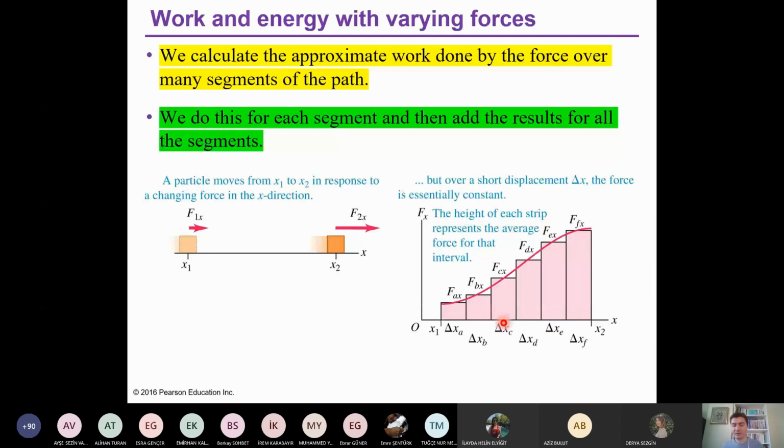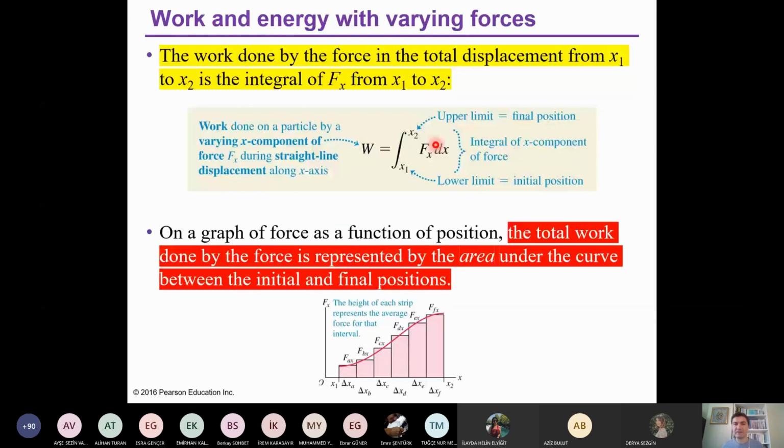If you sum them, if you integrate them, then you can calculate the total work done by this varying force on this box. So this is given with this expression. This is the work done by this varying force along the x-axis, and this is the lower limit of the integral, the initial position of the box on the graph.